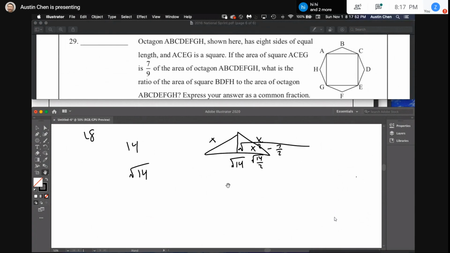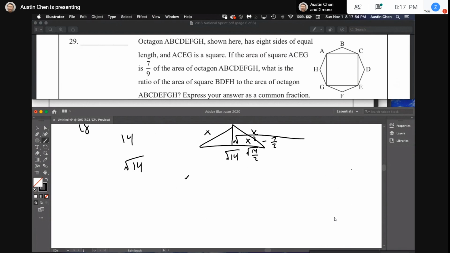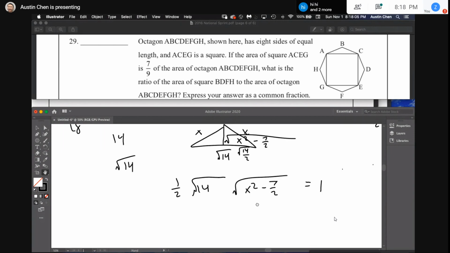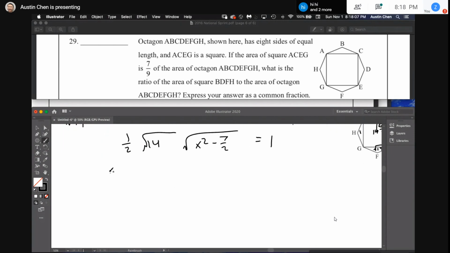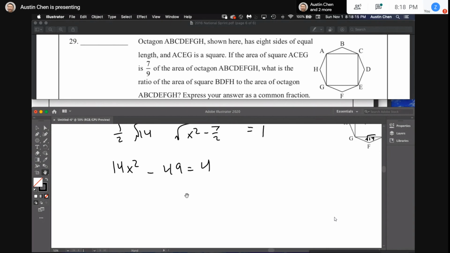Yep. And then the area of this triangle will be 1/2 times root 14 times root x squared minus 7 halves. And this has to equal 1 because the triangle is equal 1. So then that means 14x squared minus 49 will equal 4. Okay?